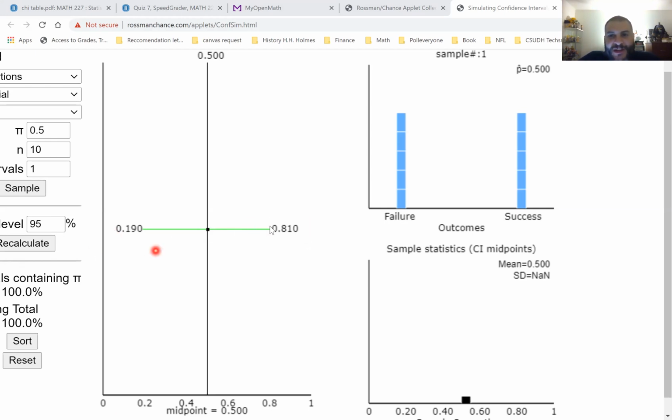It gave me this confidence interval based off of this sample, because I know this sample is not going to be 100% accurate. It could be accurate, but I have to give it a little wiggle room.